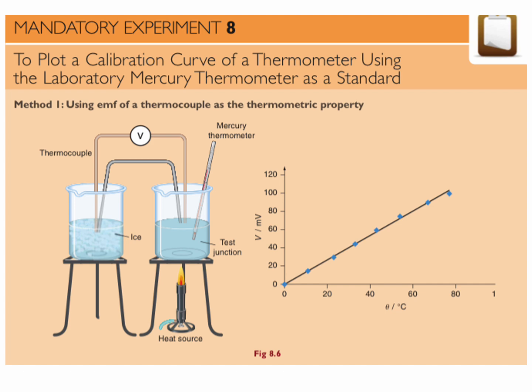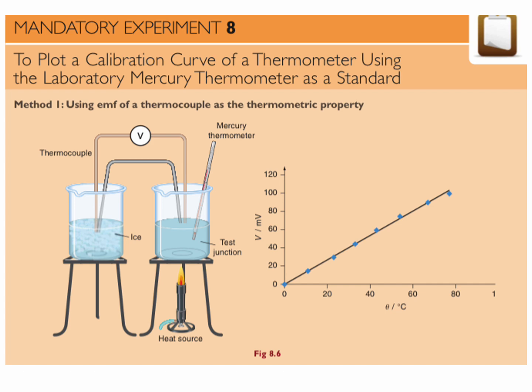Alright, so folks, the mandatory experiment in this chapter is the one we did last week, to plot the calibration curve of a thermometer using the lab mercury thermometer as a standard. So we did this with a mercury thermometer and an alcohol thermometer, both changing the length of the column of liquid.